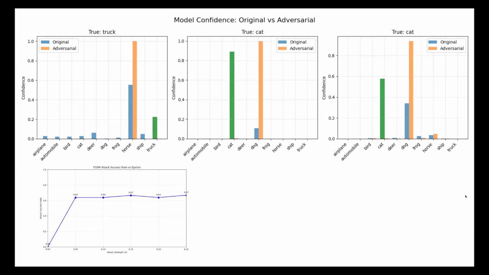Then we talk about the attack success rate versus epsilon, right? Epsilon is how much change we're introducing. We talked about this before. So the attack strength is on X, right? And the success is on the Y. And the success rate plateaus around 67%, right?